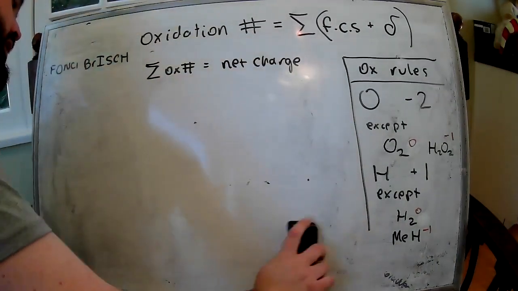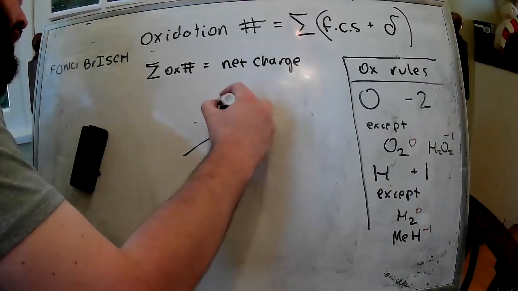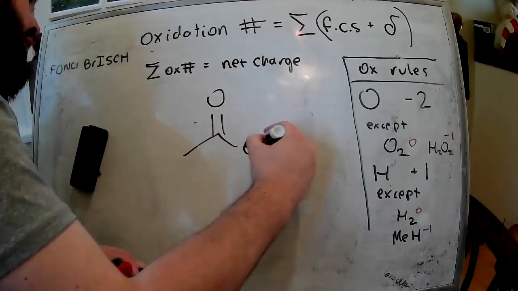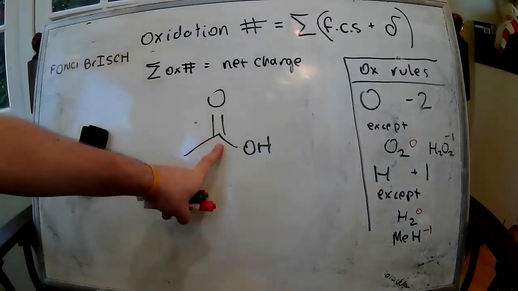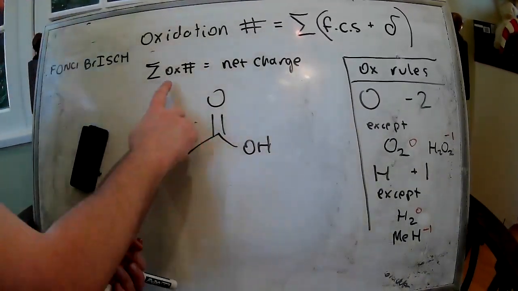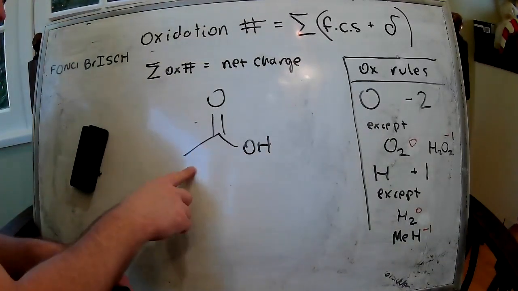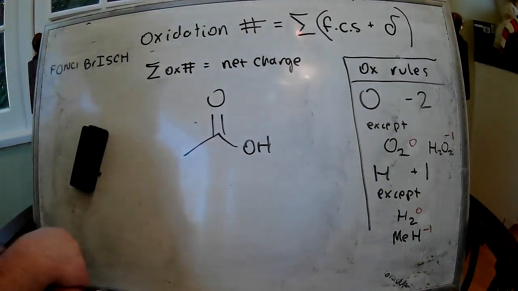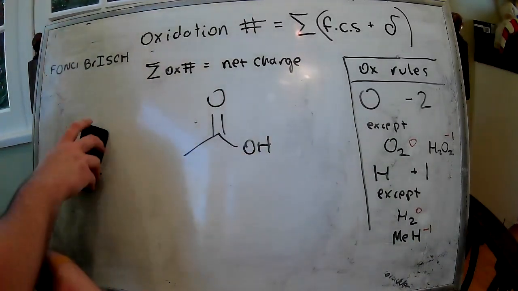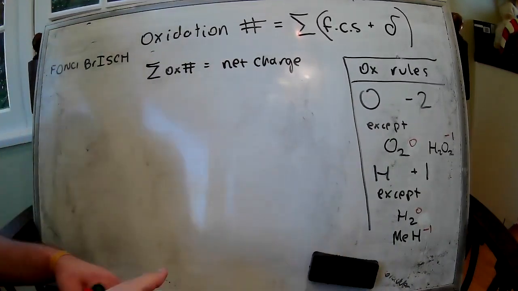Or in cases like we saw earlier, like in ethanol or something like acetic acid, where carbon is going to actually have 2 different oxidation states. So for acetic acid, we couldn't just apply this formula to solve for carbon's oxidation state because they're actually different, right? Instead, we'd be finding the average of their 2 oxidation states. So 2 formulas to think about in different scenarios.